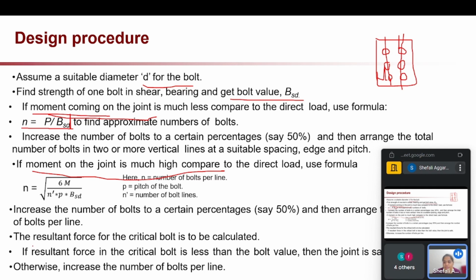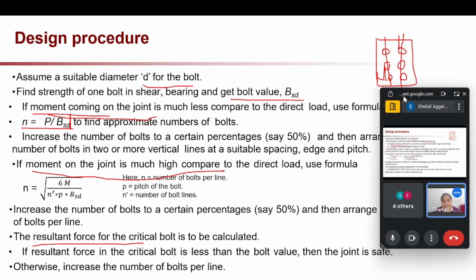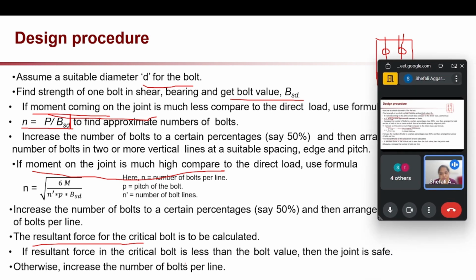Then we will calculate our resultant force, the one we have seen in the previous slide. If the resultant force is less than the bolt value BSD, then the joint is safe. Okay, this is our design procedure.